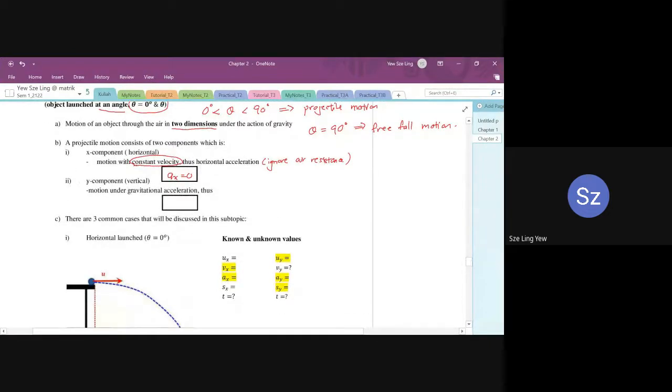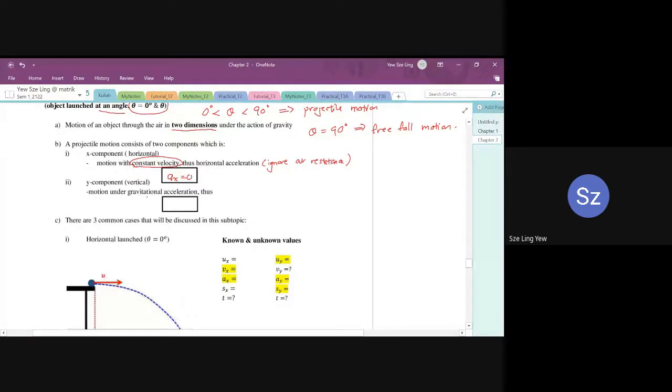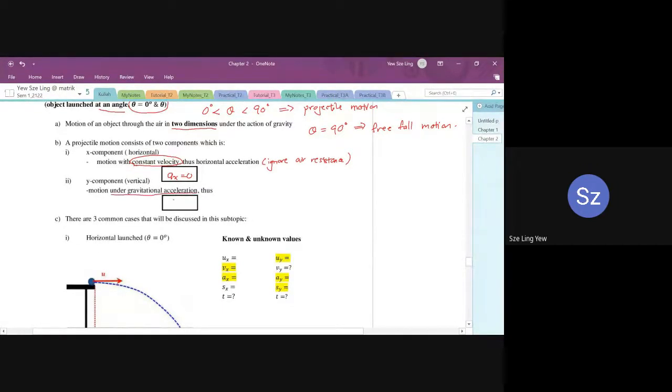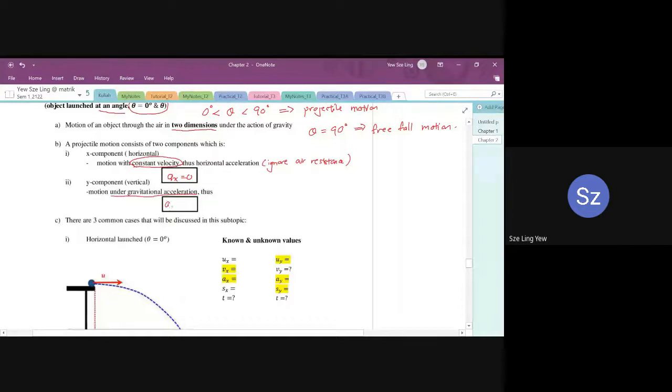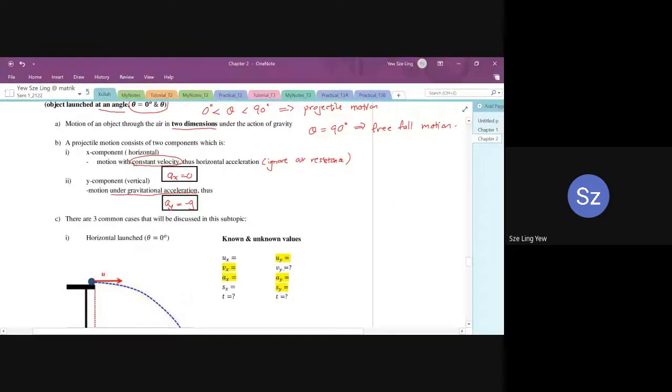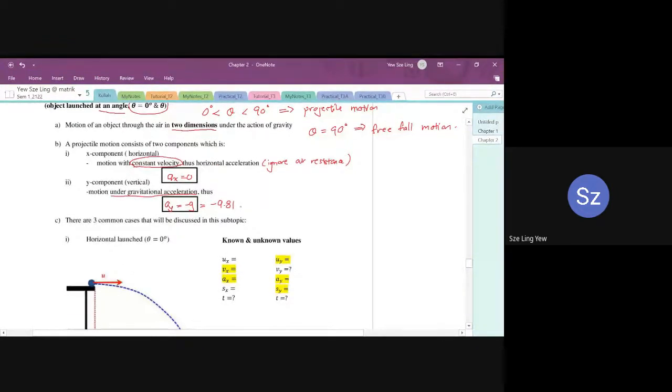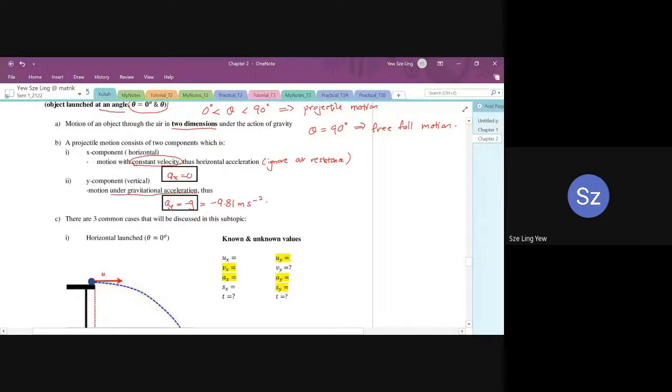Now when it comes to the y component, we say motion is moving under gravitational acceleration. So your a along the y component is equal to negative g, which is also equal to negative 9.81 m s^-2. So when it comes to projectile motion, you have to split it into x and y components.